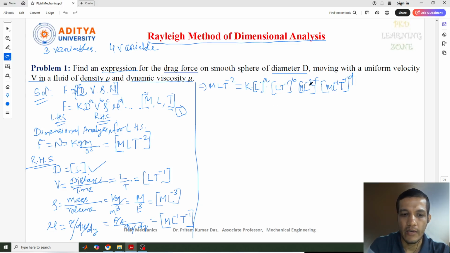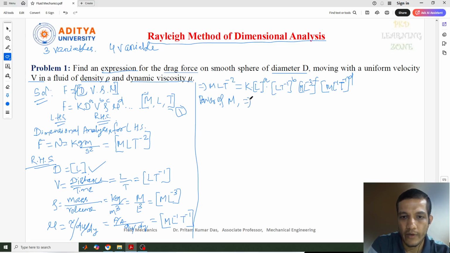So this is all about the expressions. Now we need to compare the right hand side and left hand side. By equating the variables, we can see the power of M. Now write down the power of M on the right hand side and left hand side.